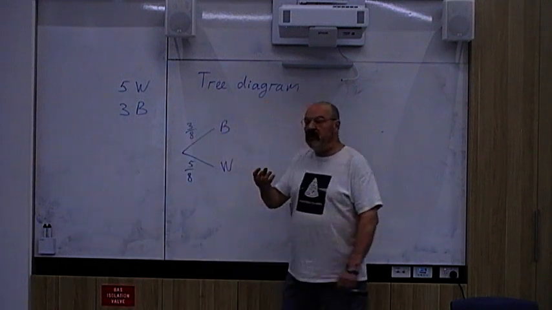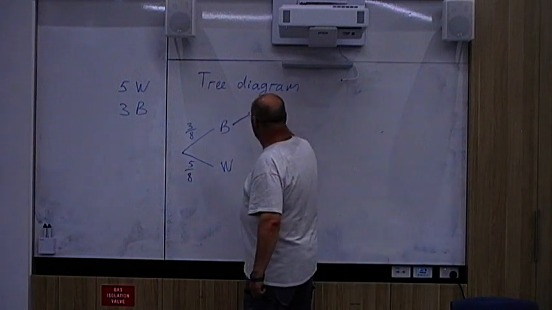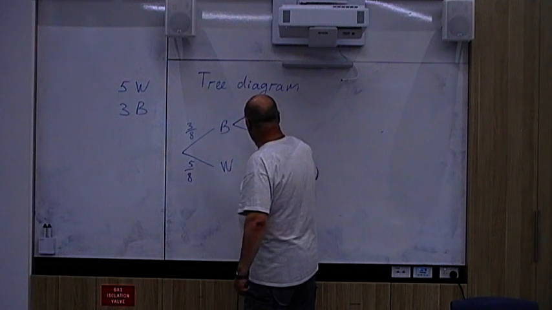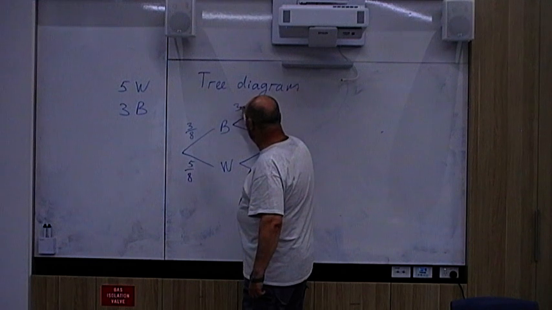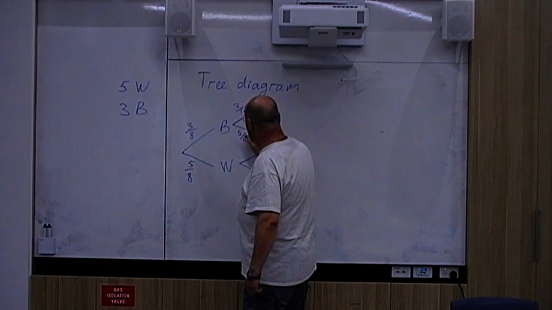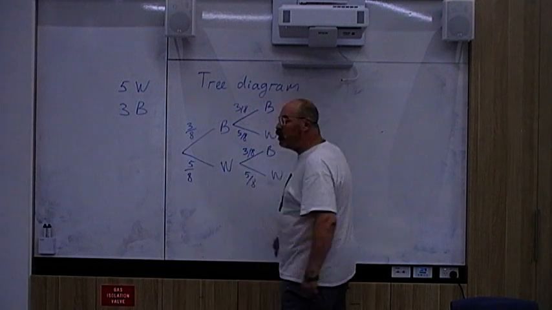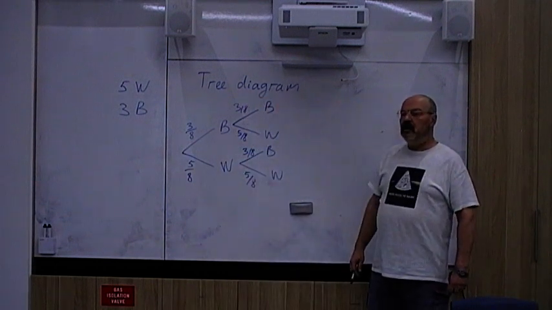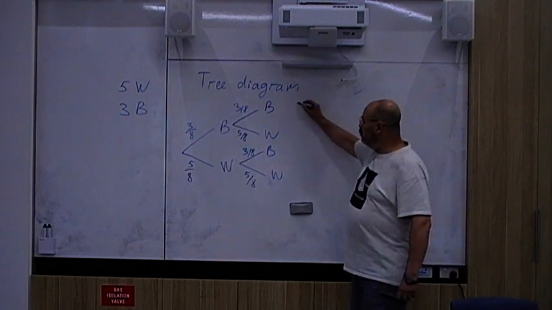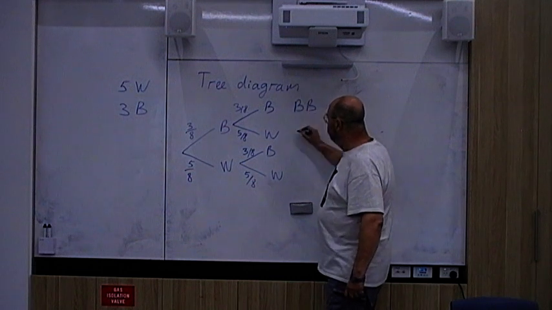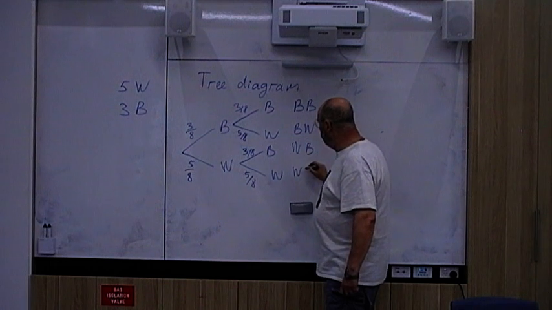Because we looked at it and put it back, on the next step the probabilities remain the same. We have again 3 8ths, 5 8ths. So what are the possible outcomes here? Black black, black white, white black, white white.